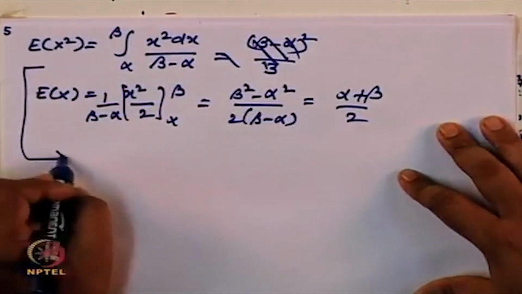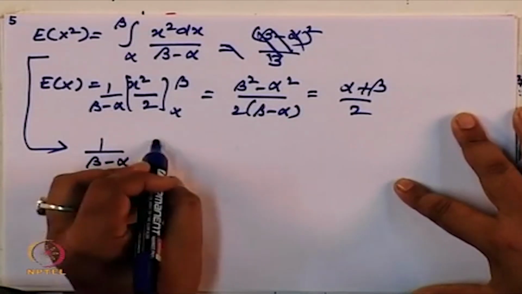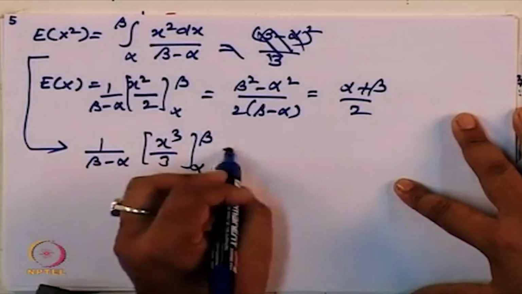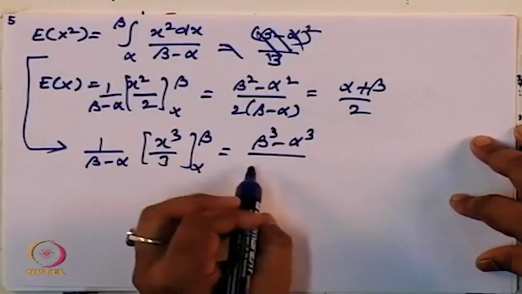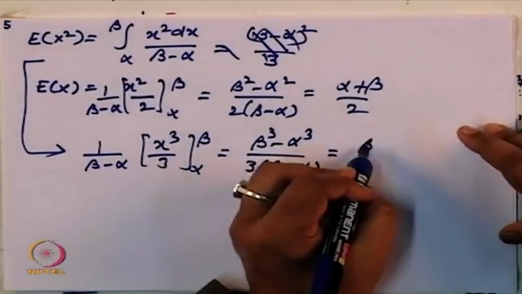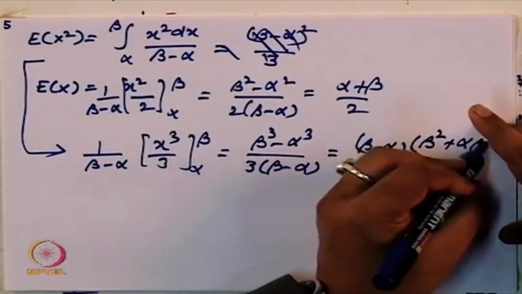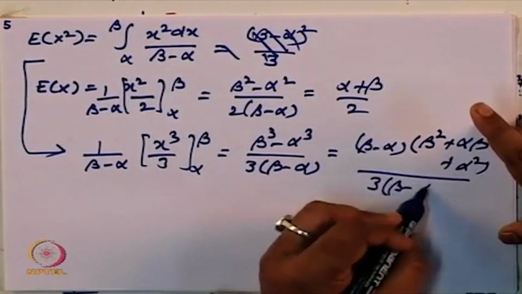So, expectation of x square is going to be 1 by beta minus alpha into x cubed by 3, which is beta cubed minus alpha cubed, that is beta square plus alpha beta plus alpha square by 3 into beta minus alpha.